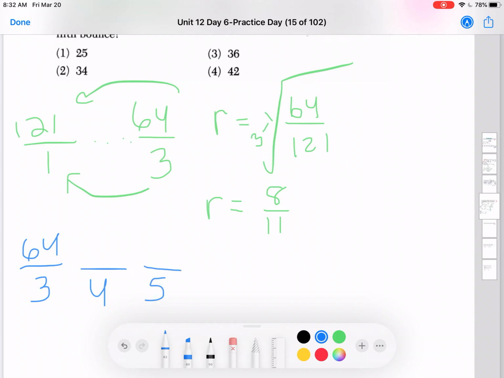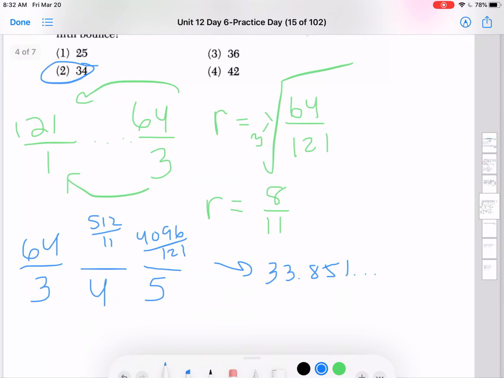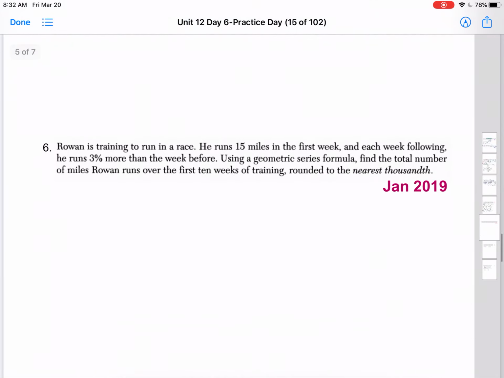So if you multiply in your calculator 64 times 8/11, you get 512 over 11, and then if you multiply again by 8/11, you get 4,096 over 121, which you got to turn into a decimal, 33.851, and then rounding to the nearest centimeter would be 34. Okay, so nice review question there.